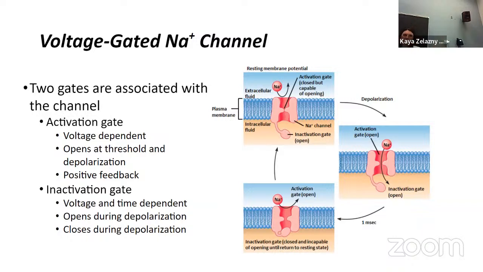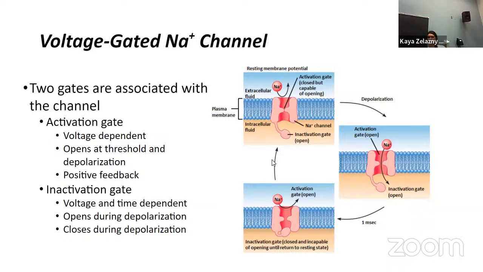Okay. So that's what's going on with our activation gate as we're allowing sodium to rush into the cell during our depolarization. Our inactivation gate is reacting to voltage, but it's also reacting to time. So it's going to let sodium flow in for about a millisecond after we reach that threshold, and then it's going to shut. It's going to be open during depolarization to allow those sodium ions to come through.